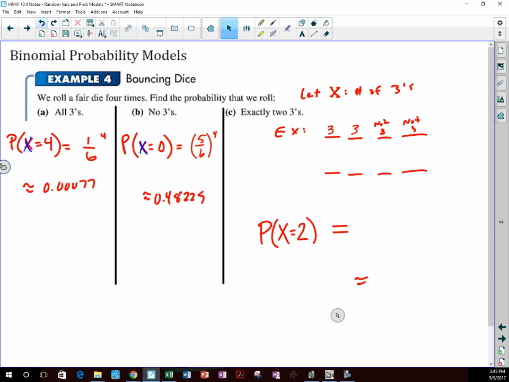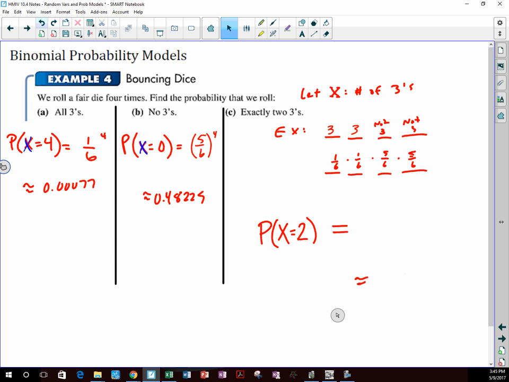Well, that's only one way that you could roll 2 threes. You could also have not 3, and then 3, and then 3. There are different ways that can happen. We'll get to that in a second. But this probability would be 1/6 times 1/6 times 5/6 times 5/6, using the probabilities from parts A and B. But again, that's just one scenario.